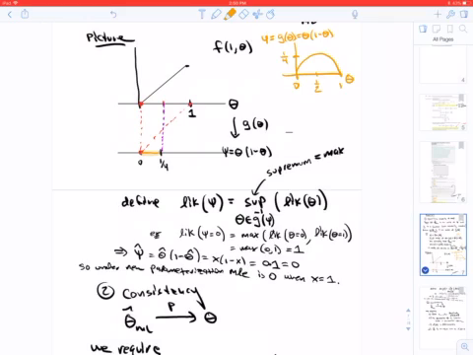So for example, the likelihood of zero, well, what should that be?